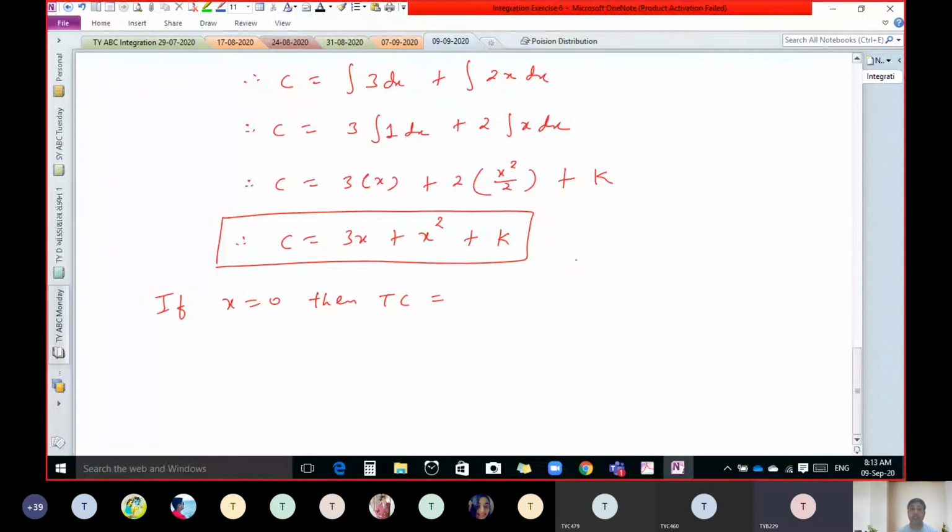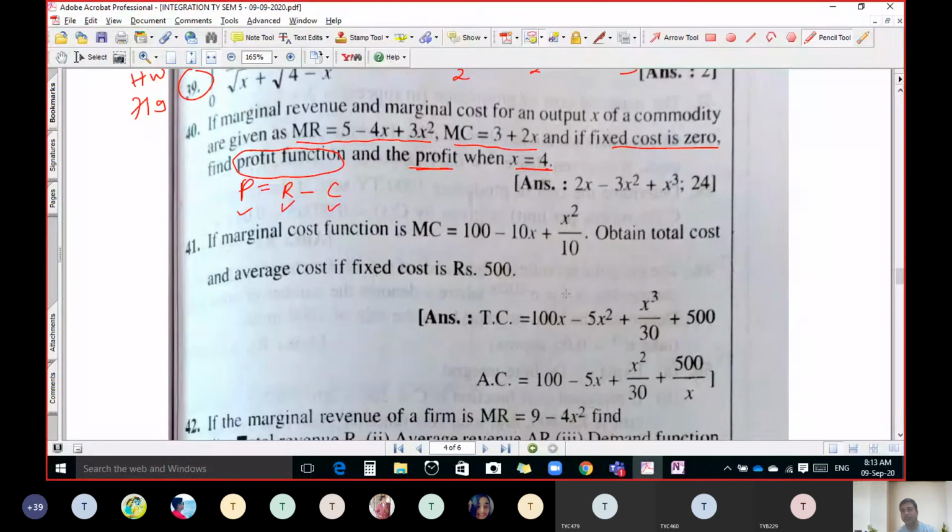Fixed cost. Correct. Very good. Tell me why it is fixed cost? Sir, demand will not be there so we will not do production, but fixed cost will be there, variable cost will not be. Perfect. So if x is 0, then total cost equals fixed cost. And here fixed cost is given as 0, but every time fixed cost is not 0.